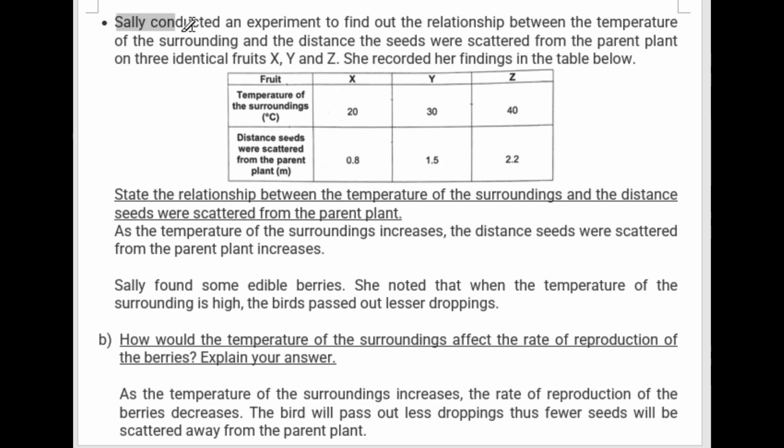Sally conducted an experiment to find out the relationship between the temperature of the surroundings and the distance the seeds were scattered from the parent plant on three identical fruits X, Y, and Z. She recorded her findings in the table below.